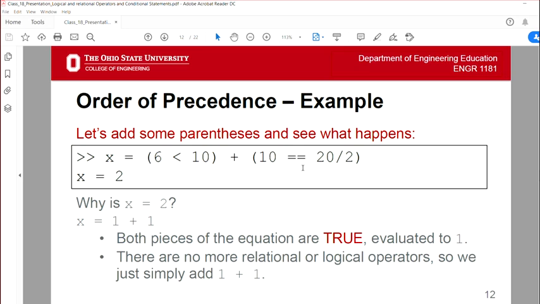And then we evaluate what's inside the other parentheses. We need to do the division before the equal to. So 20 over 2 is 10. So 10 equal to 10 is a true statement, which evaluates to 1. So 1 here and 1 there will give you a 2.